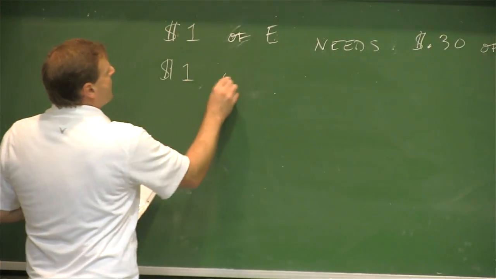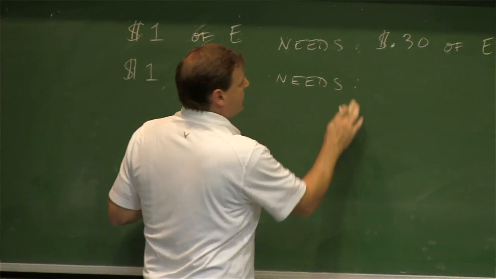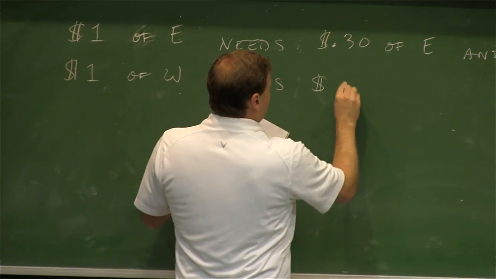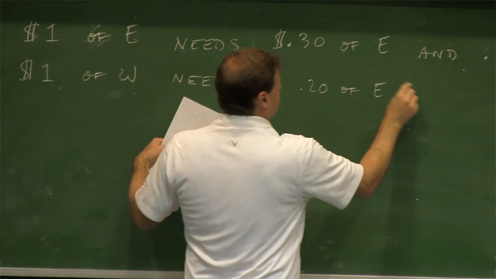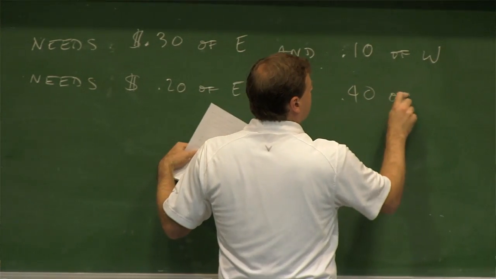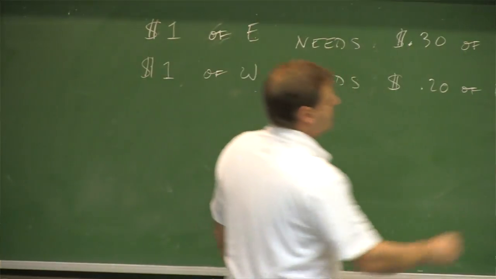And if I'm going to produce $1 of water, this is all my internal demand, I'm going to need 20 cents of electricity and 40 cents of water. These are all cents here.